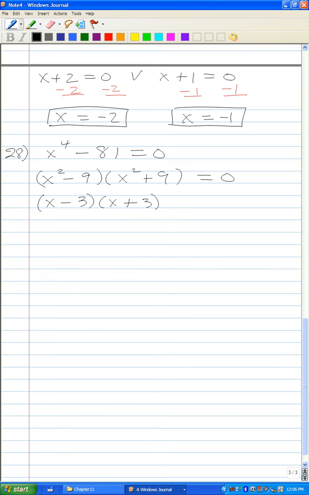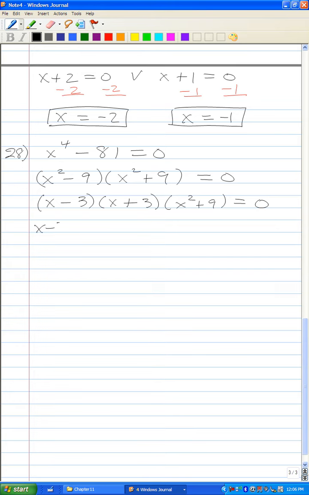I could factor the x squared plus 9 over the complex numbers. But maybe I'll just leave it so that I can use the quadratic formula to solve that. So I mean, I could factor it if I wanted to as x plus 3i times x minus 3i, but I'll leave it as x squared plus 9.